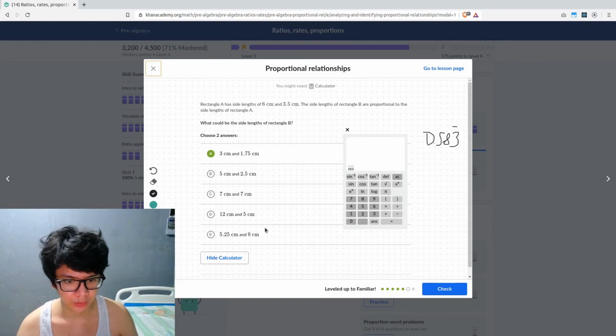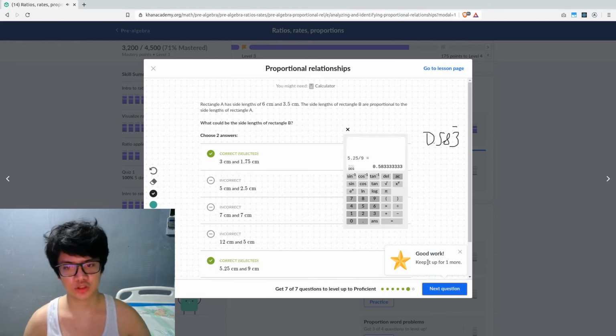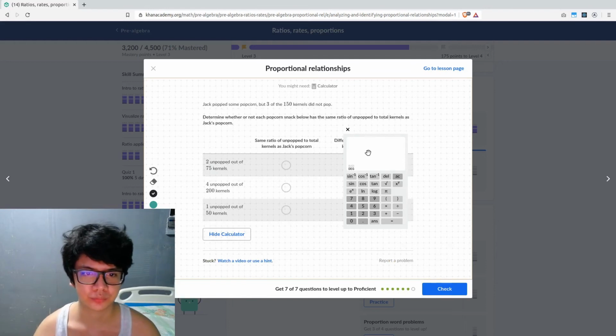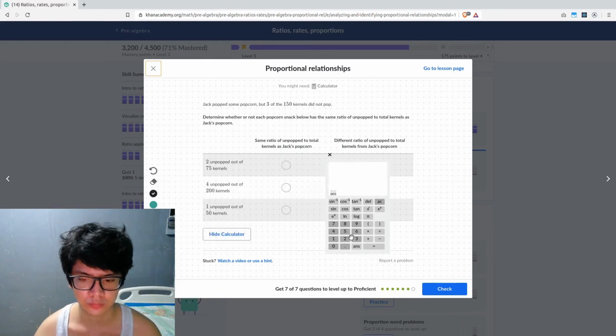More than half. Strange. Rotation. So we have 3 out of 150 did not pop.